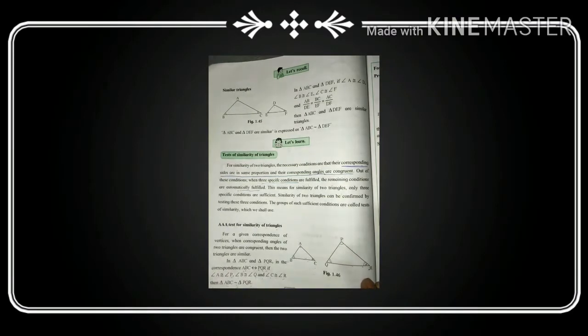In this way the angle test of similarity is completed, but its theorem is here, and the proof is here.